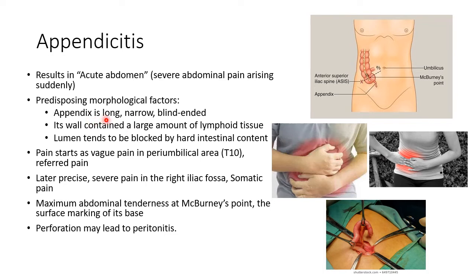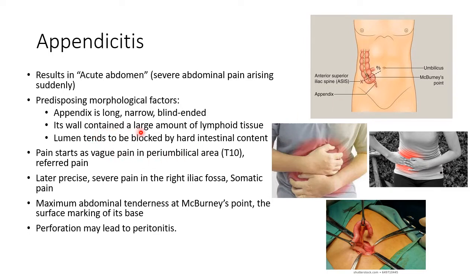So the appendix is long, but it's narrow and blind-ended. Blind-ended means it's not an open tube joining two other spaces. Being blind-ended and narrow gives it a tendency to be blocked by hard intestinal contents. This is how it becomes infected in adults: mostly hard intestinal contents go inside and get stuck.